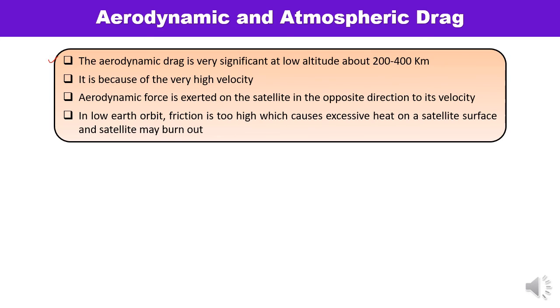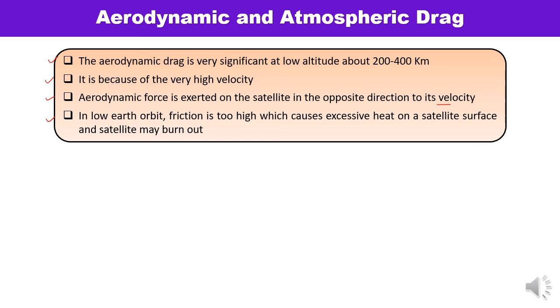It is because of very high velocity, because in low Earth orbit the velocity is very high, and this aerodynamic force is exerted on the satellite in the opposite direction to its velocity. And in the case of low Earth orbit, friction is also very high, and because of the friction, excessive heat is caused on the satellite surface, and if this heat becomes very high, then the satellite may burn out.